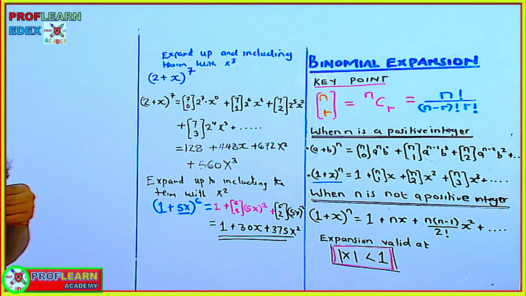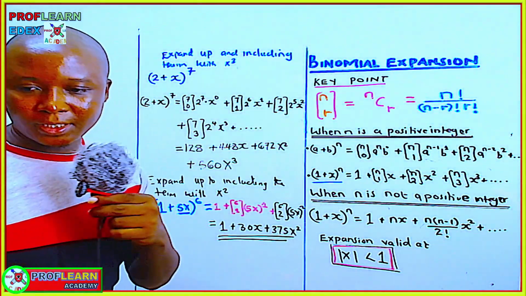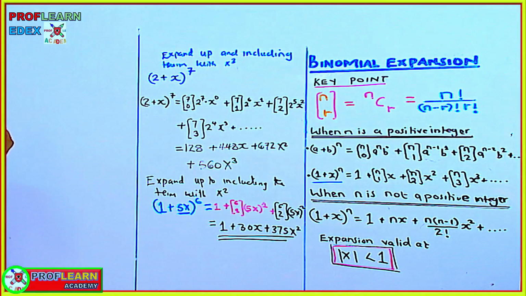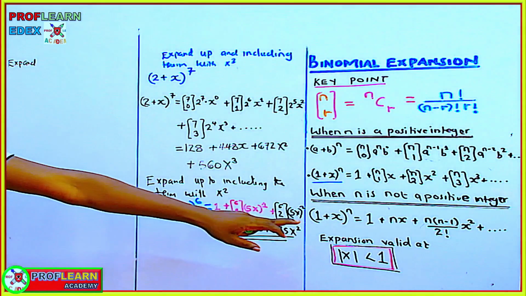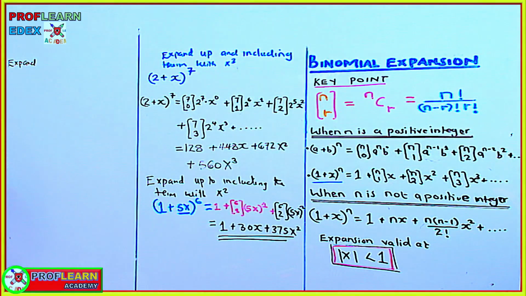Now let us do a question so that you can see exactly how we're going to use this formula. I'm going to give you two questions so that you see different scenarios which you can apply here.